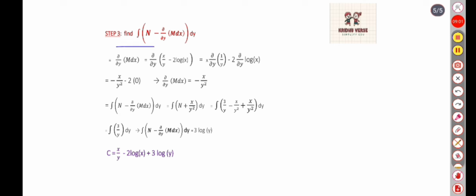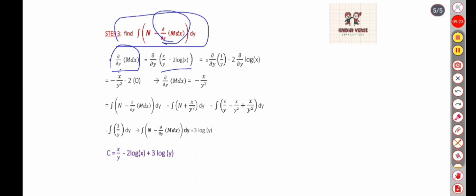Next, now what we are doing, we are finding integral of n minus dou over dou y of the integral of m dx, dy. Firstly, we are keeping it in parts. So firstly we are solving this part. So dou over dou y of the integral of m dx, just some time before we did on the back side, that we kept here, x over y minus 2 log x.